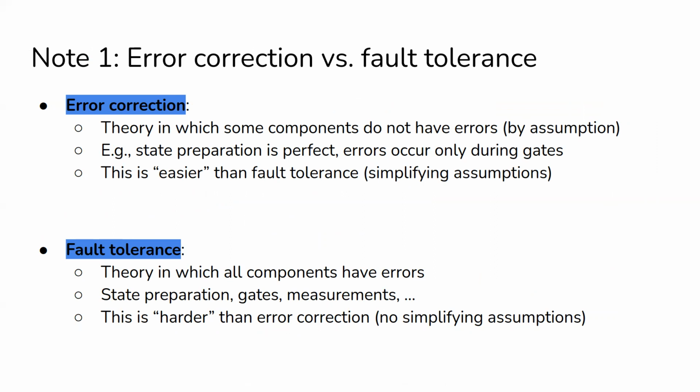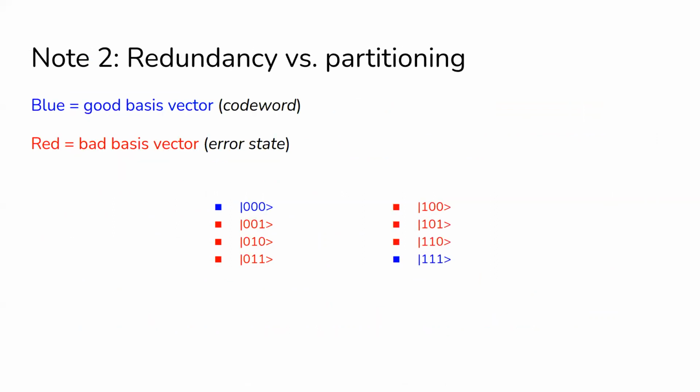So that's the ballpark difference. The second note is what I've drawn on the whiteboard here, almost in the same colors but opposite. This is the idea of redundancy versus partitioning. I touched on this a little bit, but I'll say it again. You can think about this in both ways. With redundancy, we take 1 bit and we map it to 3. Another good way to think about it, though, is this partitioning of the Hilbert space.